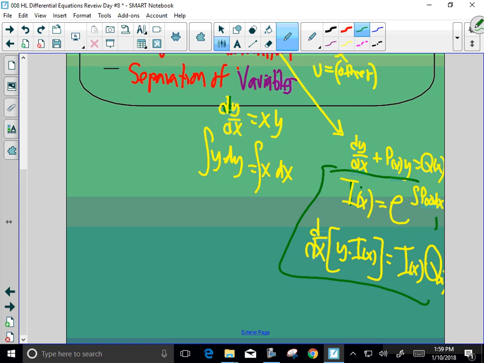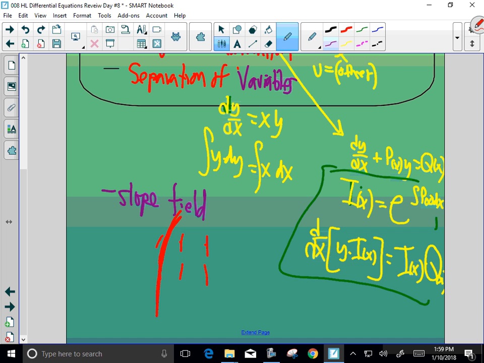But those are what you need to study for, and there will be a slope field on here, which you guys didn't have any trouble with, I don't think. Just remember what the slope field means. Each point has these slopes. So what you would do is take a point and follow it to make the curve.